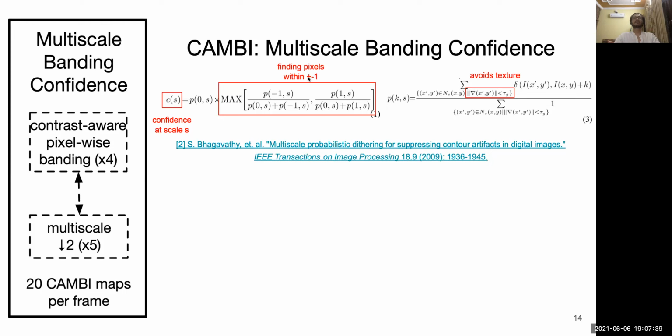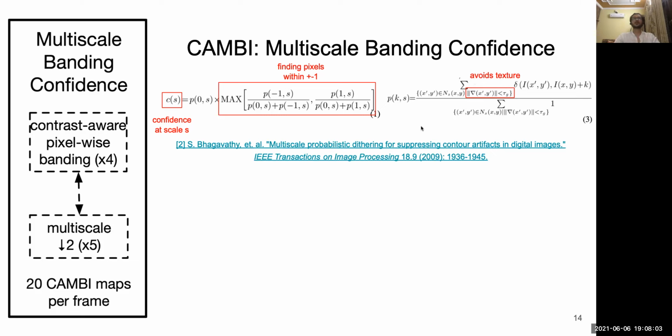In this work, they explicitly calculate pixels which are within a fraction of ±1 to find out the steps which are occurring in the encode. And these pixels are found in the ±1 region in a fashion which avoids texture, which is based on a prior that you only consider pixels with gradient less than some hyperparameter to ensure that they belong to a smoothly varying spatial signal.